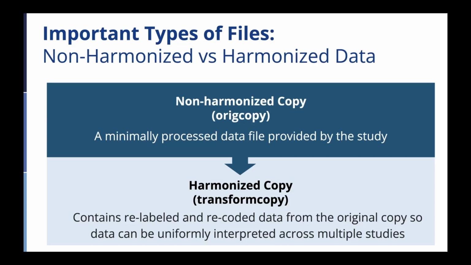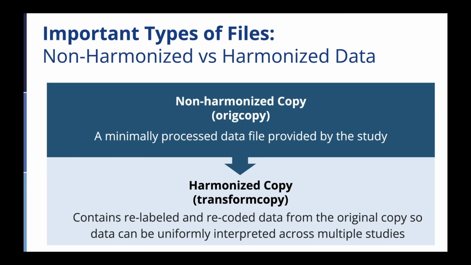Now, if a bundle has data files that contain human study data, then there's going to be a second file with a file name suffix of transform copy. The data in this transform copy is derived from the data in the origin copy, that's the non-harmonized file, by a process known as harmonization.